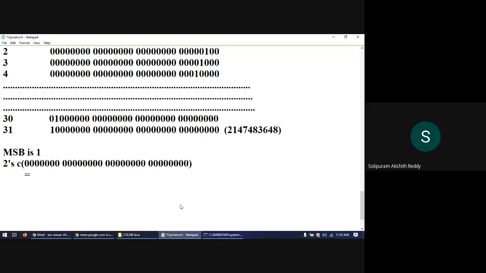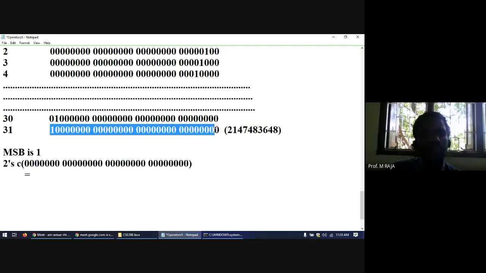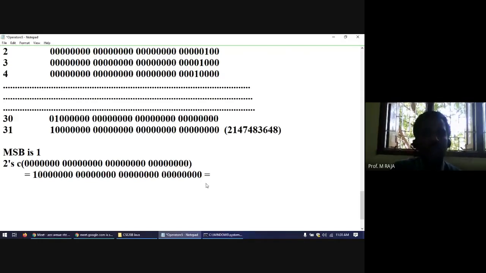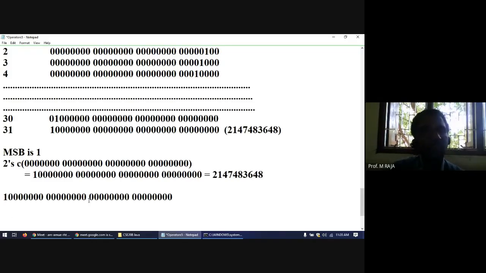All 31 bits are set to 1. Yeah, all 31 bits are set to 1. Then what you will get is this quantity. This is the actual quantity, 2's complement. Now this is equivalent to the quantity 2147483648. So the actual value of this one is encoded in 2's complement format.